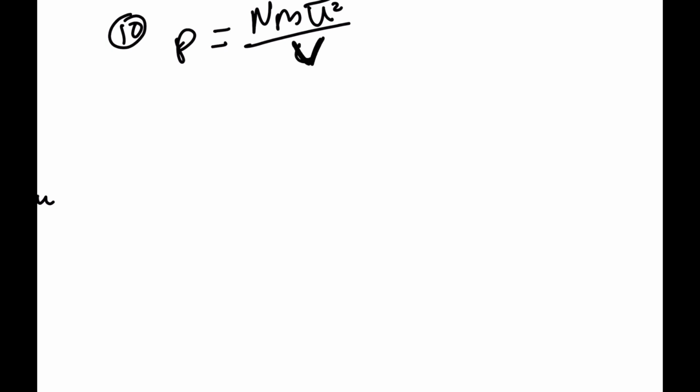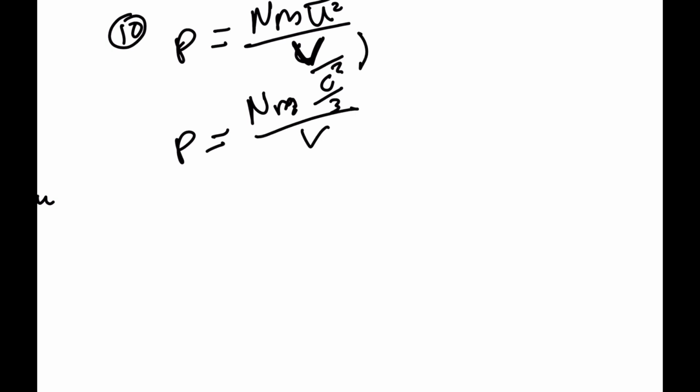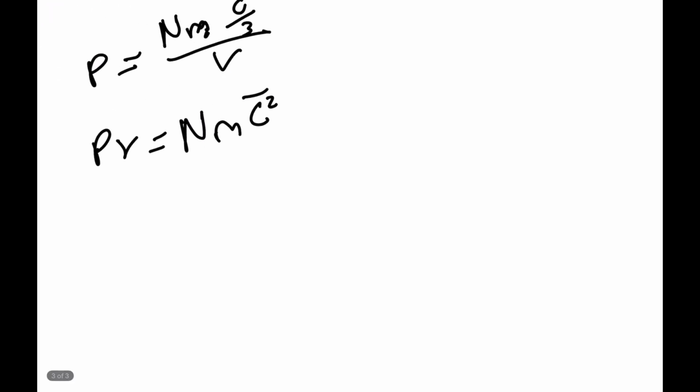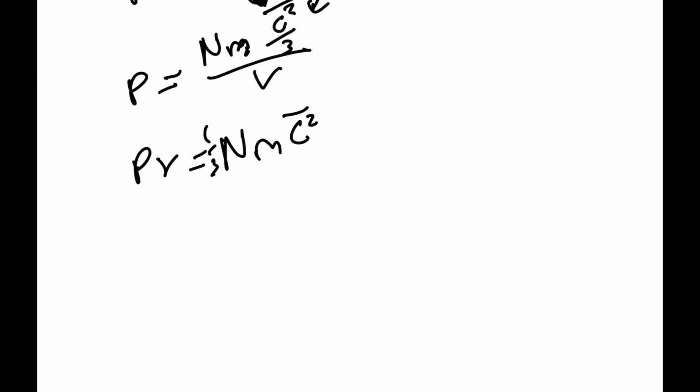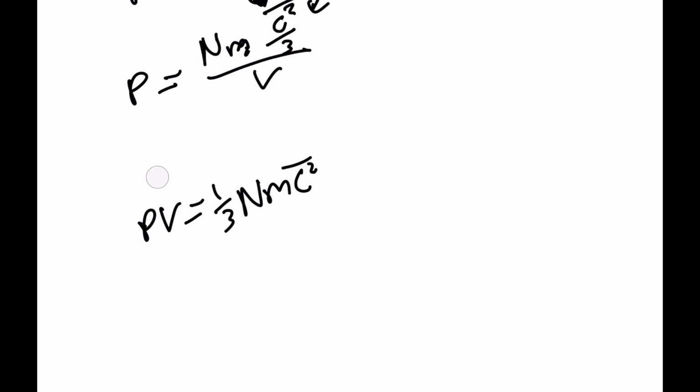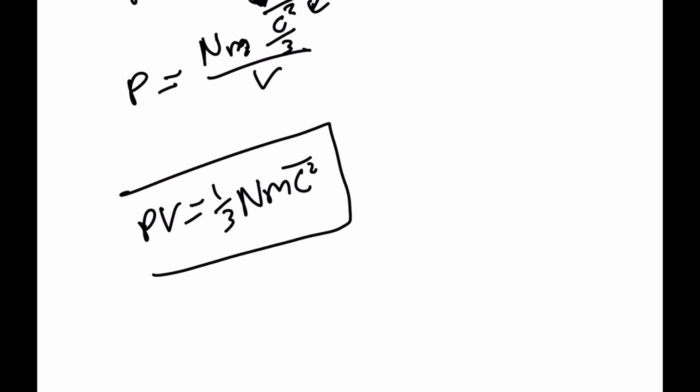If we substitute c for the 3D speed, we'll get c bar squared over 3 over V. We can rearrange to get PV is equal to N m c bar squared over 3, which we can take out and put at the front. So let me rewrite this clearly: 1 over 3 N m c bar squared. And let me get rid of this one because it looks ugly. And this is the final formula, and we've derived it.